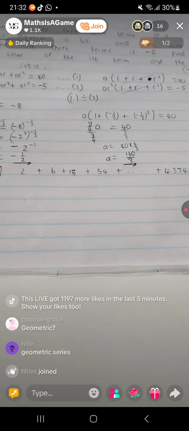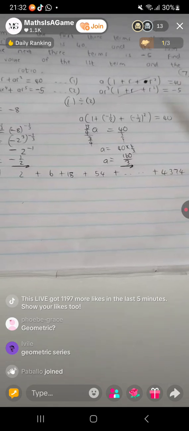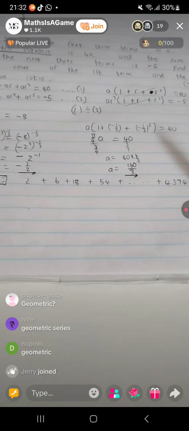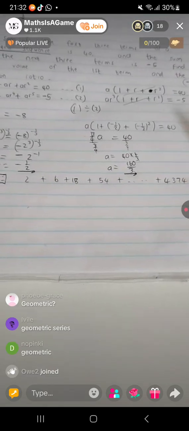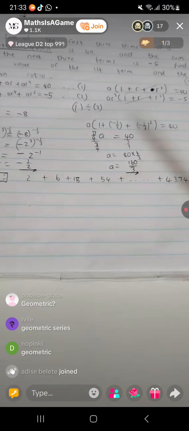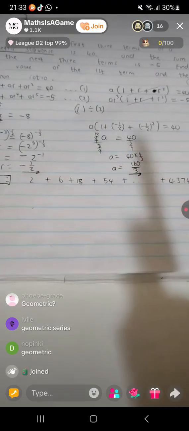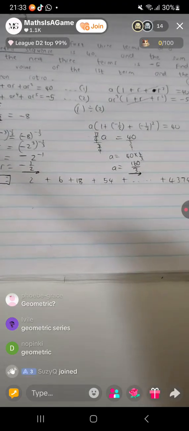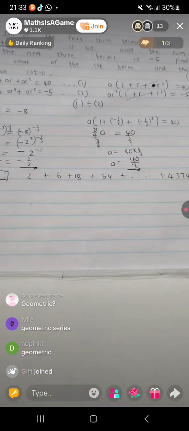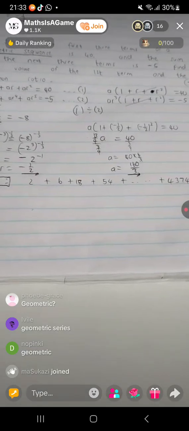Phoebe Grace says geometric with a question mark. Evila says geometric series with no question mark. Nopingi says geometric. Phoebe Grace, I want you to change that question mark to an exclamation mark, to indicate that you are not saying it while still doubting that it might be something else, but you are sure.